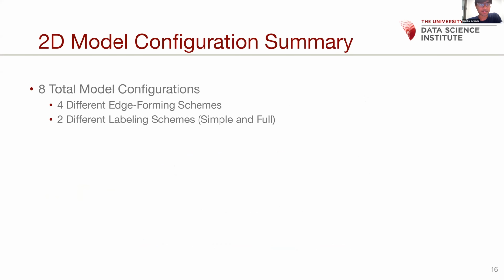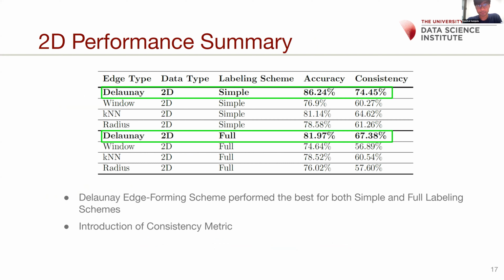I'll show a table, and just to give a quick summary of what the table is going to tell you, we'll have 8 different total model configurations where we have 4 different edge forming schemes and 2 different labeling schemes for each of those edge forming schemes. I want to point your attention to the results outlined in green, which are our best performing results in 2D, which come from the Delaunay edge forming scheme, which performs the best for both simple and full labeling schemes.